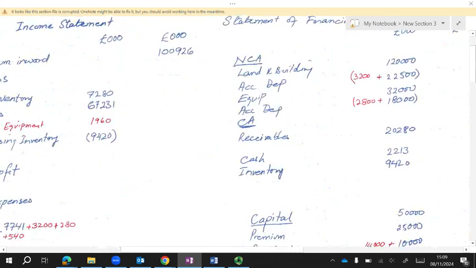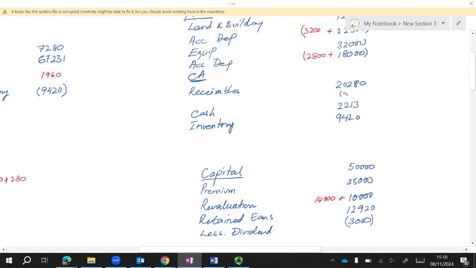At the same time, we need to subtract it from our receivables because this is the balance which we will not receive. 540, which is called irrecoverable debt.